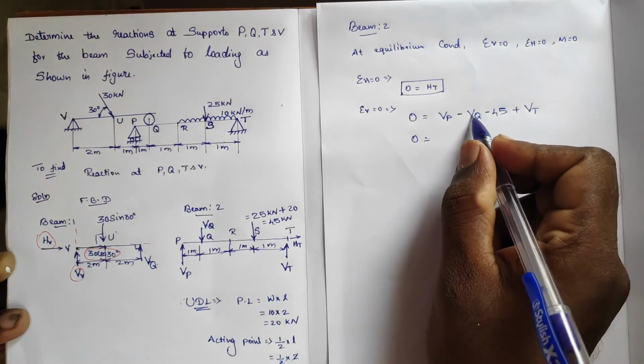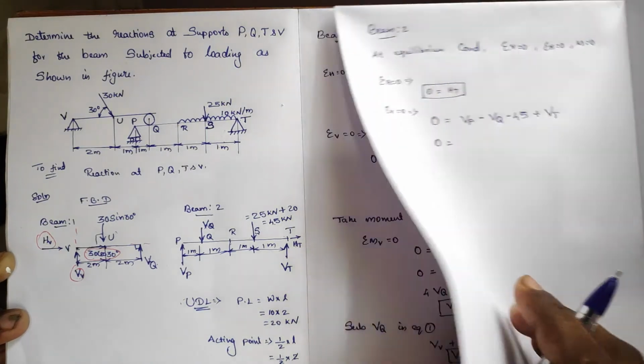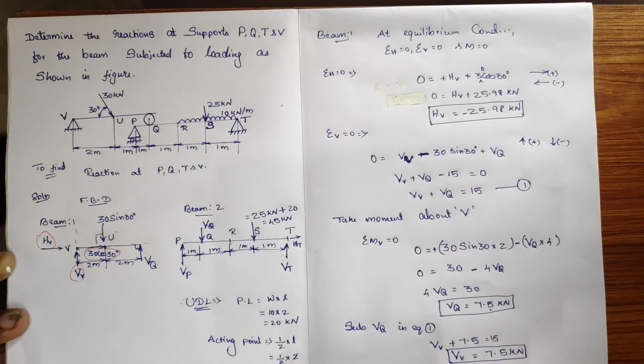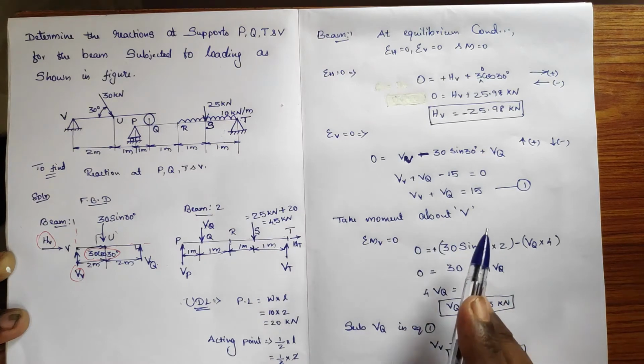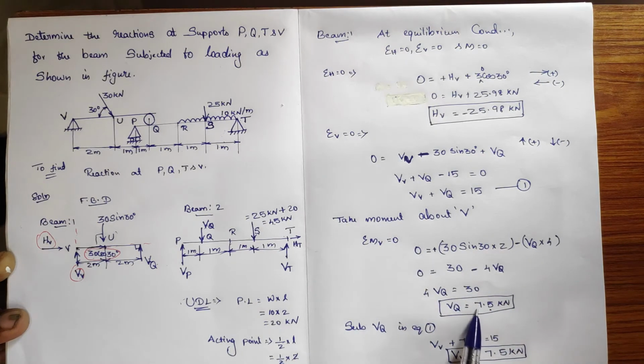Okay, and then simplify it. What happens? VQ answer we have already found, am I right? VQ is 7.5 kilonewton.